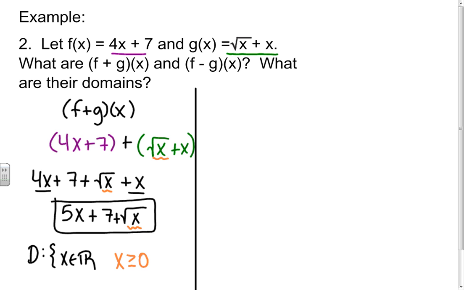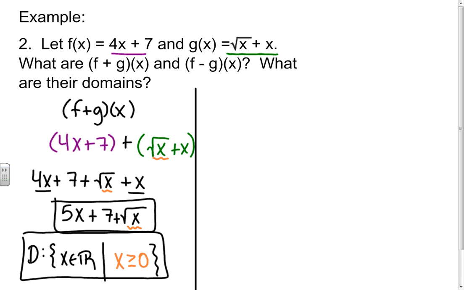That's what positive or 0 means. Now, in your domain, we put this long line, it means such that, and then close it off. So the domain reads, x is an element of the reals such that x is greater than or equal to 0. That just means that you could pick any x value you want, as long as it's a real number. You can plug it into the problem, and it has to be 0 or bigger.